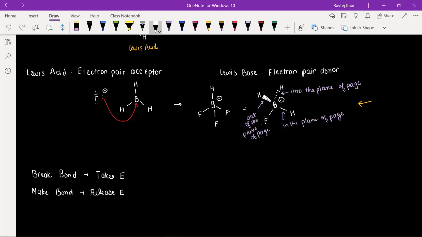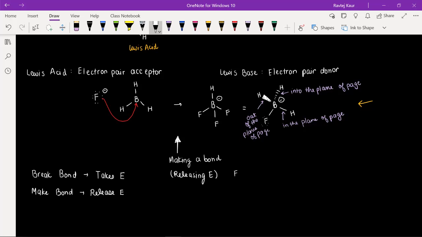Now here, if you look at this reaction, what can you tell about the nature of the reaction? Is it endothermic? Is it exothermic? What does it look like? If you look closely, the only thing you are doing in this reaction is making a bond, right? And if you are only making a bond, that means you are releasing energy, right?